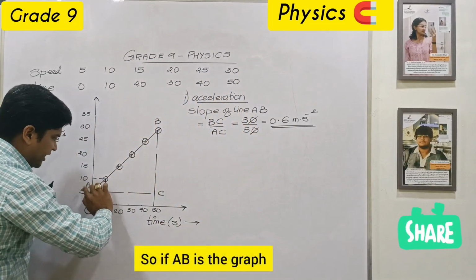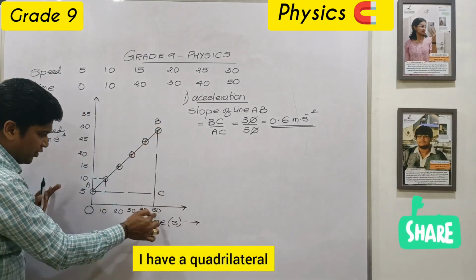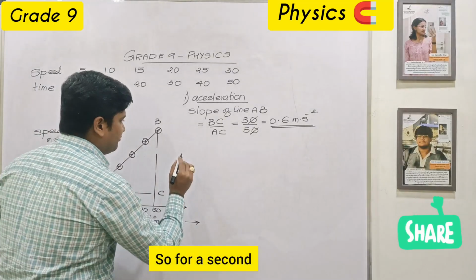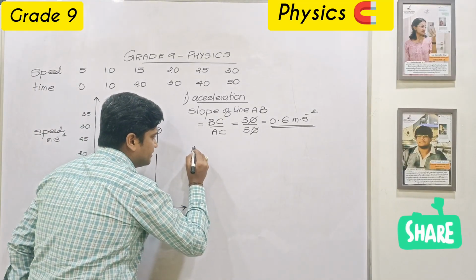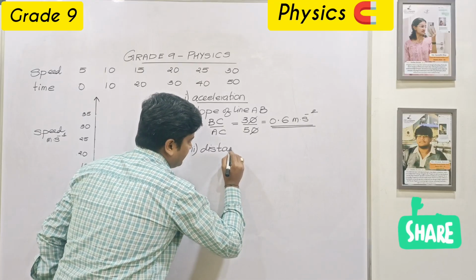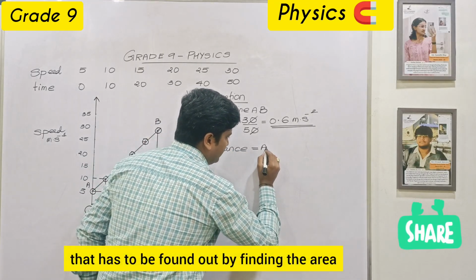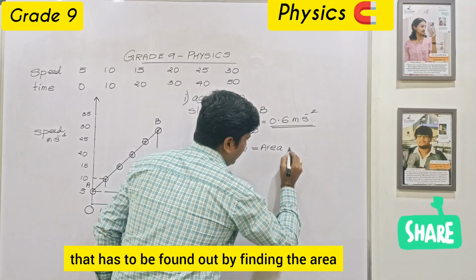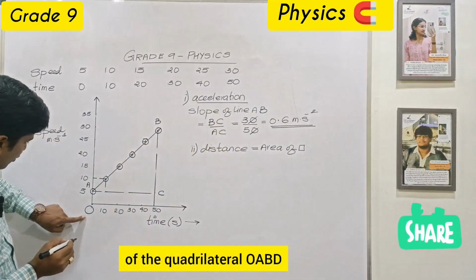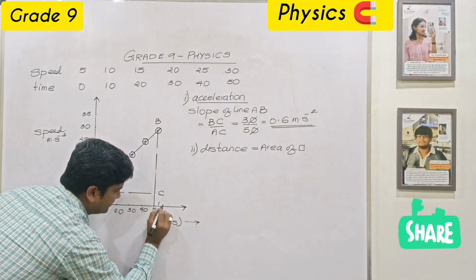If AB is the graph, right under the graph I have a quadrilateral which is a trapezium. For the second part, I need to find the distance, by finding the area of the quadrilateral OABD. I'll name this point D.